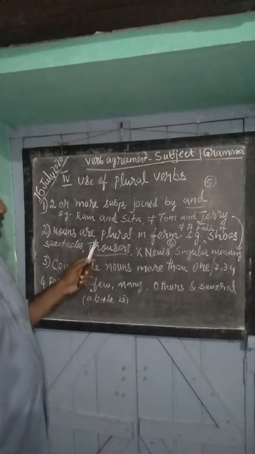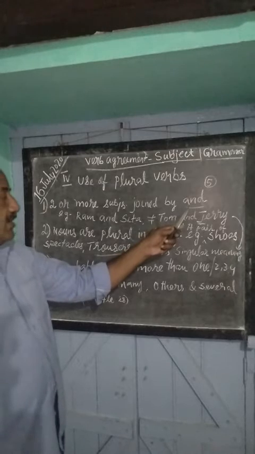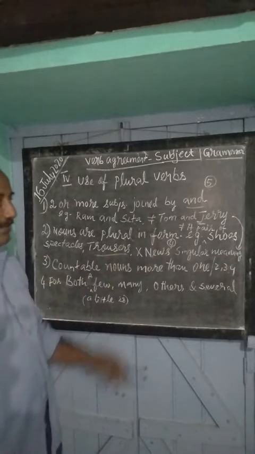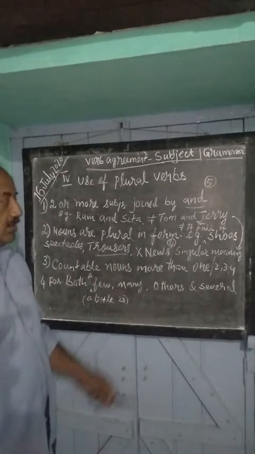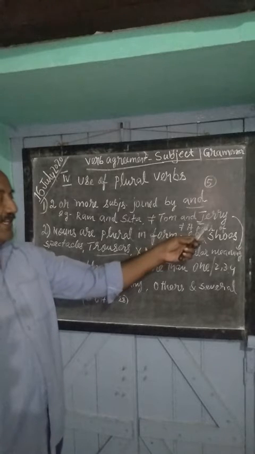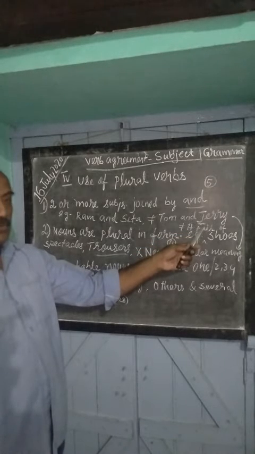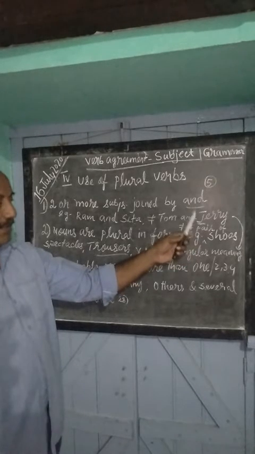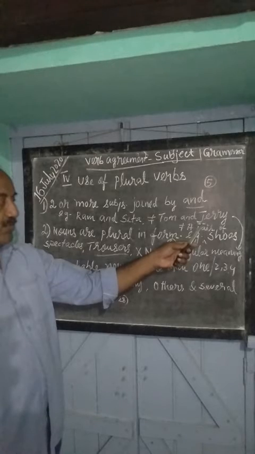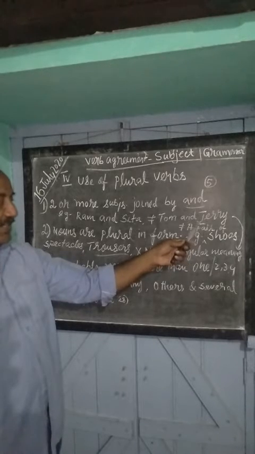Now, this use of and you have seen in the singular verb also. Like Tom and Jerry. It's not Terry. You can correct the previous one if you have to. It is Jerry, Tom and Jerry.